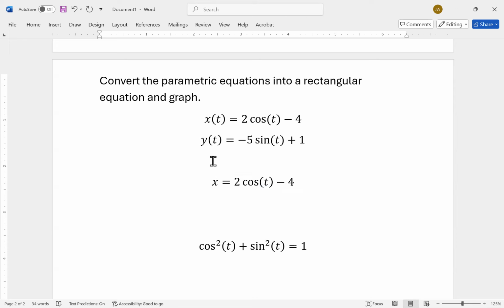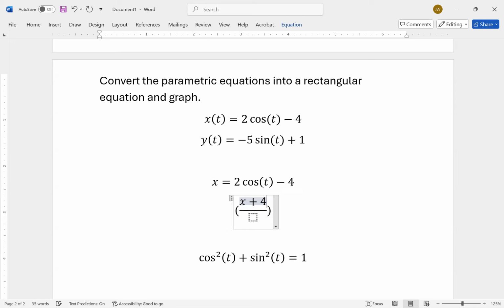Solving this equation for cosine of t, I'd have to add 4 to both sides and then divide by 2. That would give me (x plus 4) divided by 2 is equal to the cosine of t.